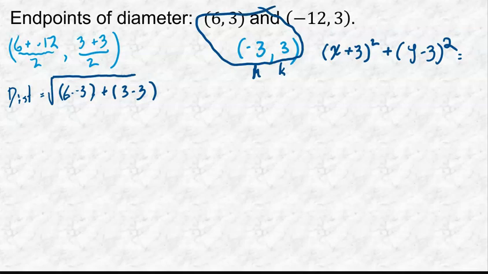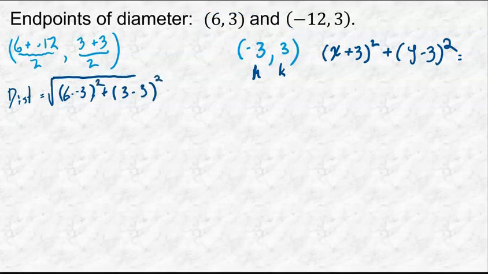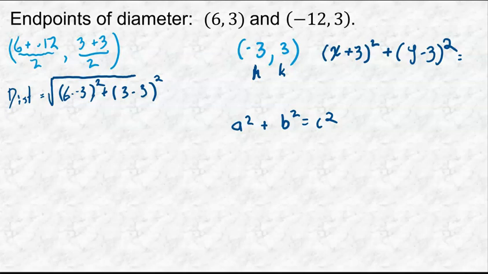If I were to pick the other 2 points, the results would be the same. So in other words, let's take a look at this using my favorite, you guessed it, if you've been paying attention, the Pythagorean Theorem. If I count from negative 3 to 6, I'm going to count 9 times.